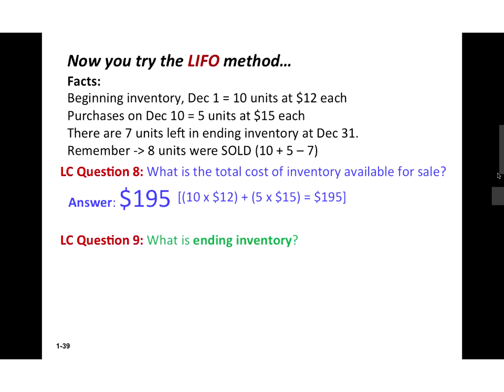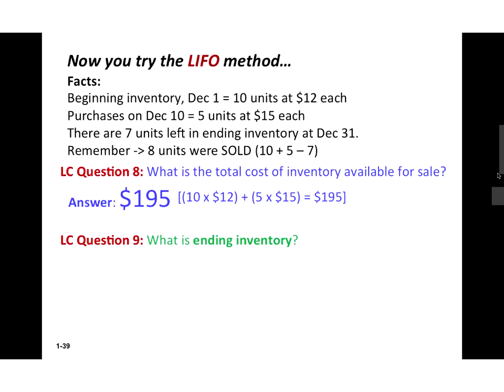This is how I think of LIFO, and I actually write it down in the margins because it's so easy to get turned around. LIFO: last one in, first one out. So my newest ones are sold first, and ending inventory then has to be the oldest ones, which are beginning inventory.